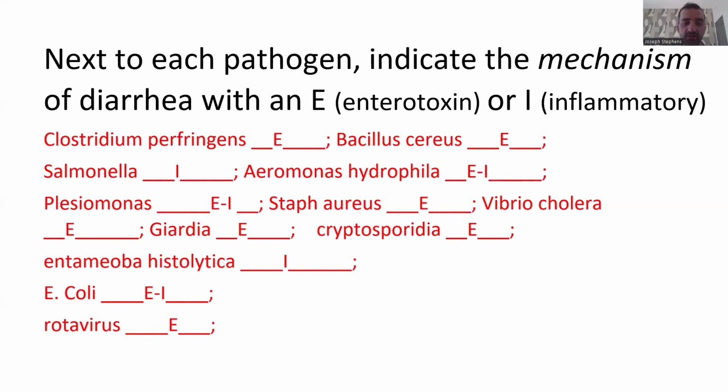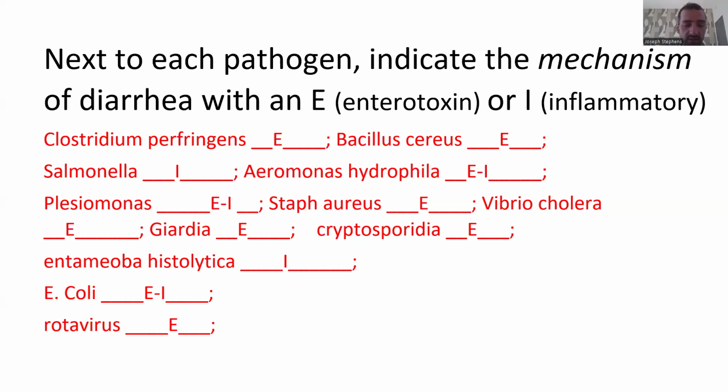Okay, this question asks you to indicate whether a certain pathogen gives you diarrhea through enterotoxin or through inflammatory. So I will read them off. Clostridium perfringens is enterotoxin. Bacillus cereus, enterotoxin. Salmonella is inflammatory.